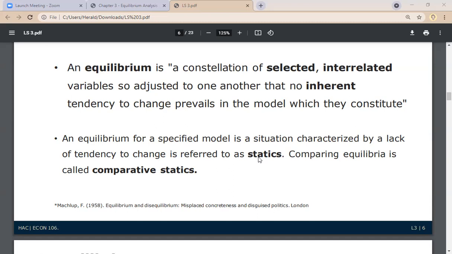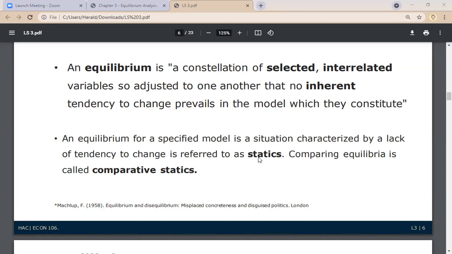When we say selected, the equilibrium condition has significance and relevance only in the context of the particular set of variables that is chosen.